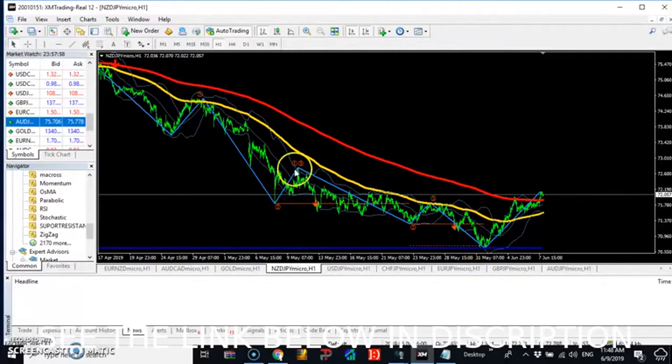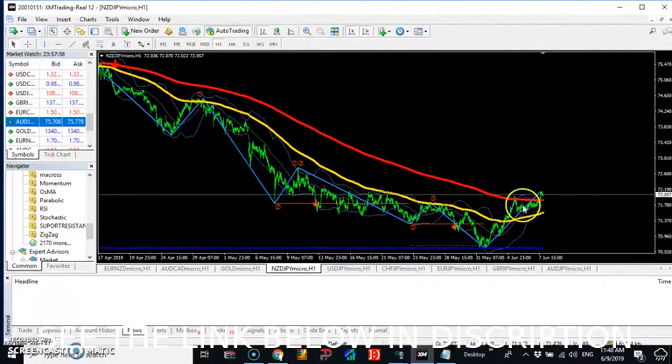That is if you did not turn off the signal of this pattern 1, 2, 3. But if you turn off the signal of pattern 1, 2, 3, this arrow is your entry. So when this arrow came up, you target support.